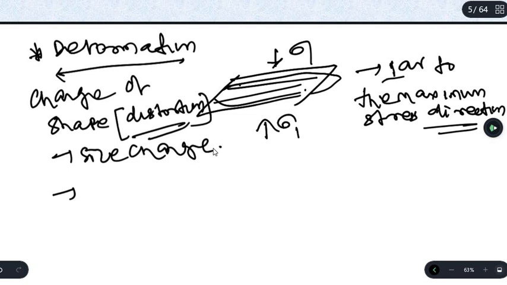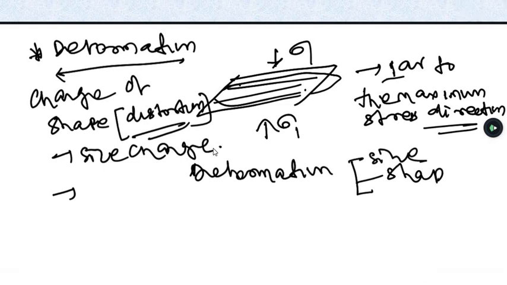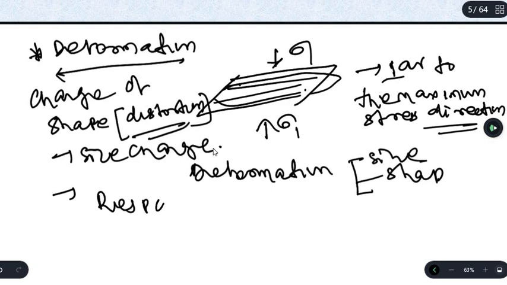It is not size change or shape change. Shape change will be the distortion. ठीक है? Deformation के अंदर size change होगा, shape change होगा. It is a consequence of the deformation. It is not the exact meaning of the deformation. I am saying the deformation is nothing but the response to stress. Okay? Clear?